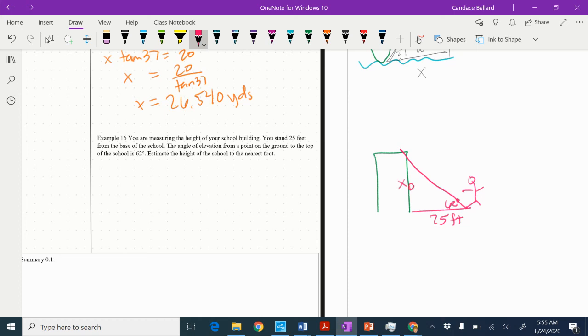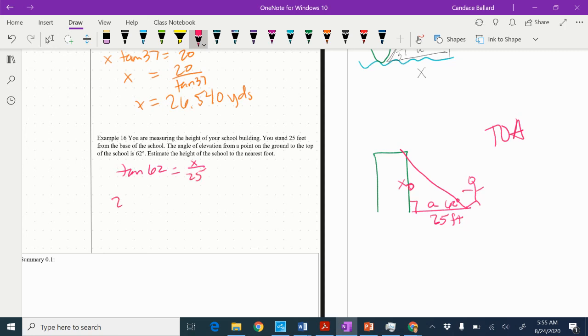I know I've got the opposite and the adjacent. We've done a lot of tangents. It's a lot of TOA today, but it could be any of the six. Typically, we mostly use sine, cosine, and tangent on these. So I know the tangent of 62 equals the opposite x over the adjacent 25.